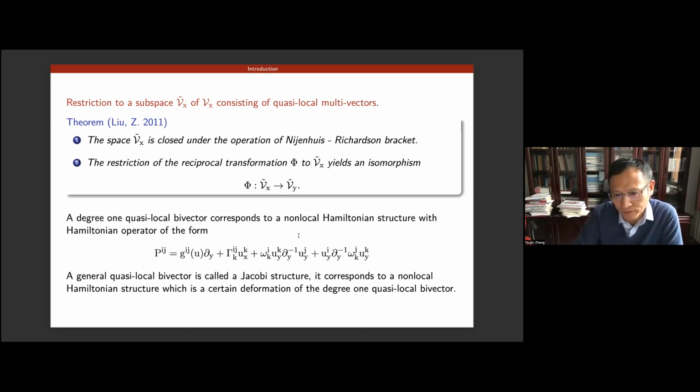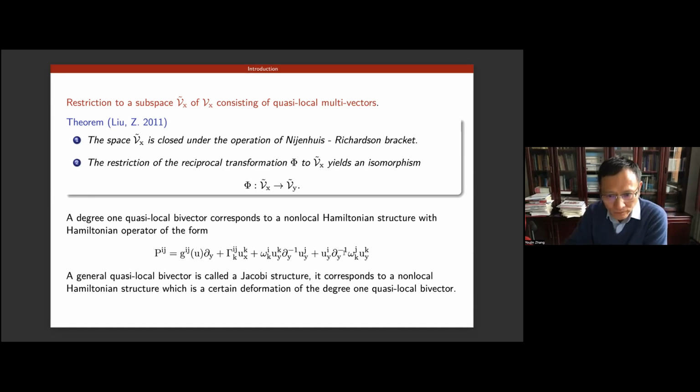So this means that the result of Pavlov and Vereshchagin can be given a natural explanation, and their result can be generalized to Hamiltonian systems with dispersion terms, not only Hamiltonian systems of hydrodynamic type.